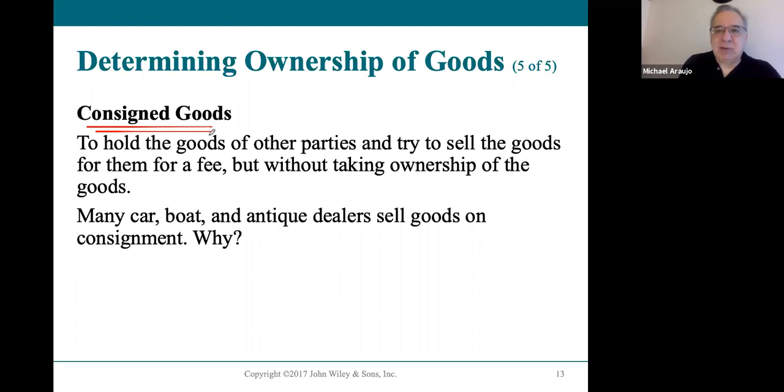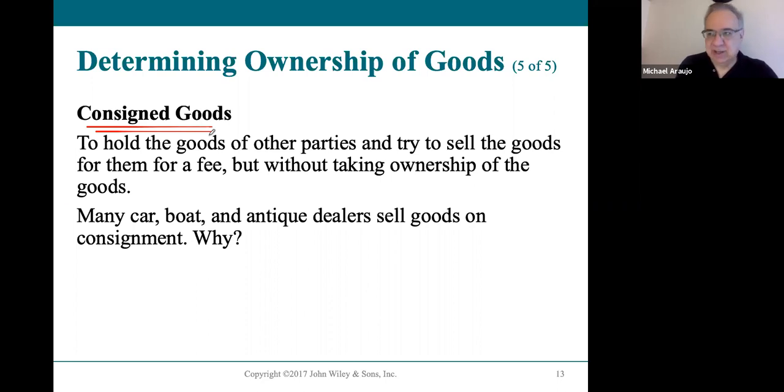They're delivering the chips and putting them on the shelves because they own those chips. They are simply paying the supermarket to rent that space to sell their chips.